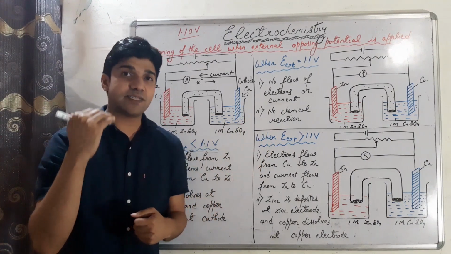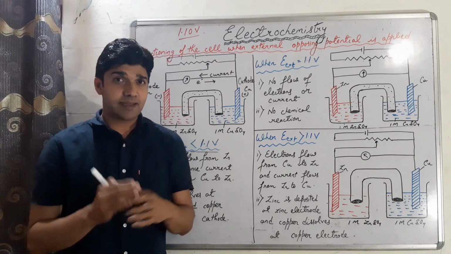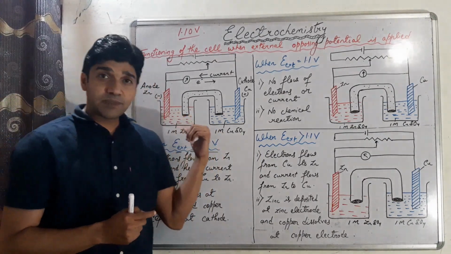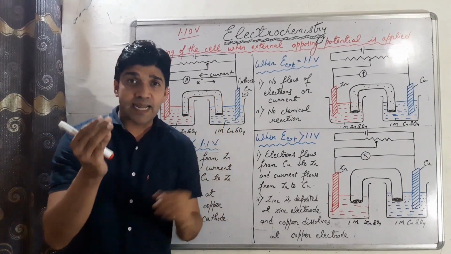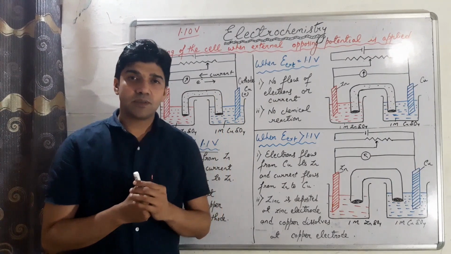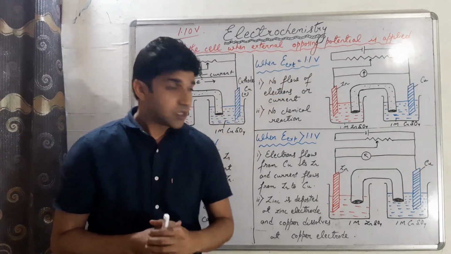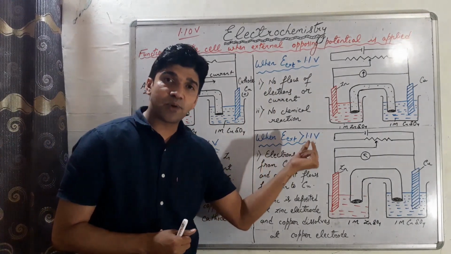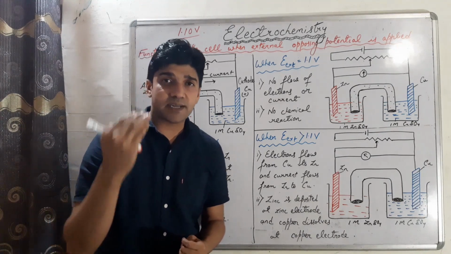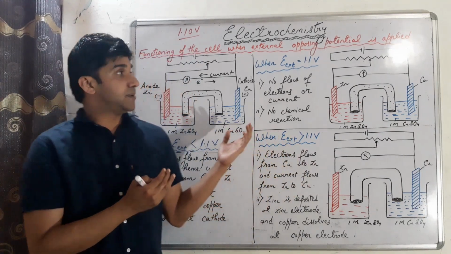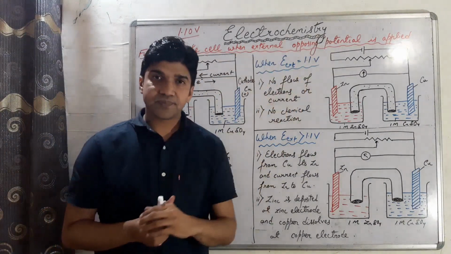How will the cell function now, वो देखते हैं. ठीक है, मतलब एक बार हम देखेंगे कि अगर वो सेल पोटेंशियल जब अप्लाई कर रहे हैं, एक्सटर्नल पोटेंशियल, अगर वो लेस देन 1.1 वोल्ट हो तो सेल कैसे फंक्शन करेगा? एक बार 1.1 वोल्ट ले लेंगे और एक बार मोर देन 1.1 वोल्ट लेंगे, तो तीनों केस में सेल किस तरह बिहेव कर रहा है ना, वो देखते हैं अभी विद द हेल्प ऑफ एक्सटर्नल अपोजिंग पोटेंशियल.